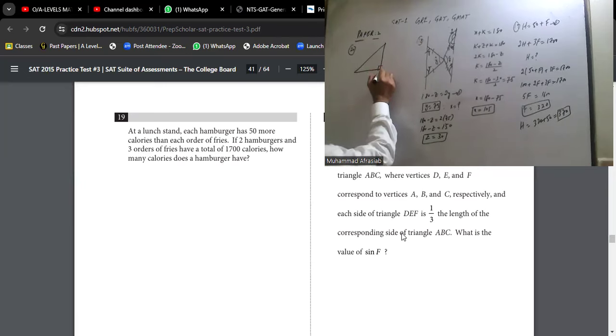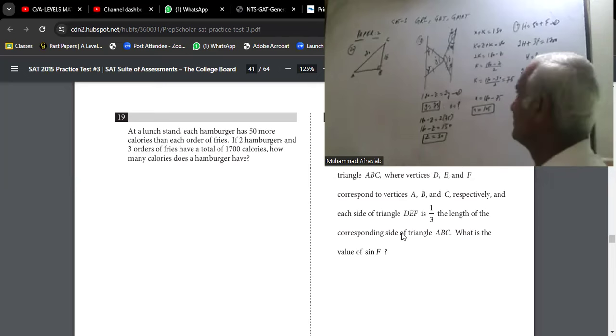Here B angle is shown of 90 degrees, and BC is 16 and AC is 20. The other triangle there is DEF, which is similar to this triangle ABC, which has the vertices D, E, and F corresponding to A, B, C respectively.